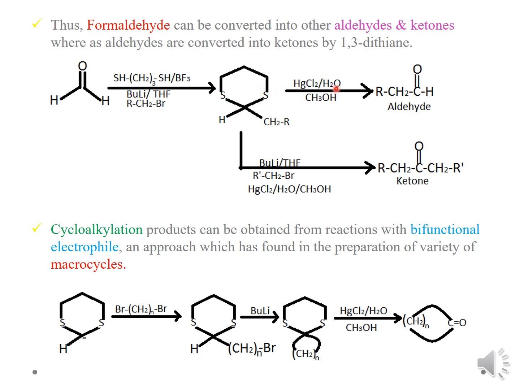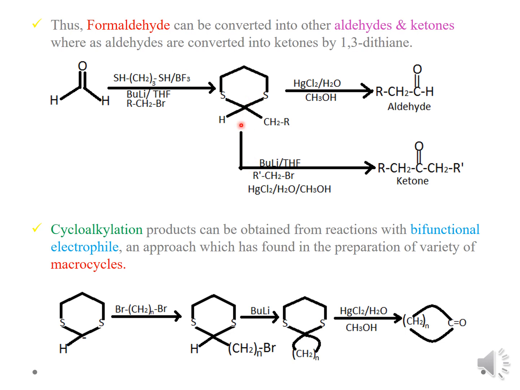After getting this structure, you have to treat it with mercuric chloride. Upon the addition of CH3OH, alcohol or hydrolysis, you get back your aldehyde; that is, this group gets deprotected, forming the carbonyl compound.